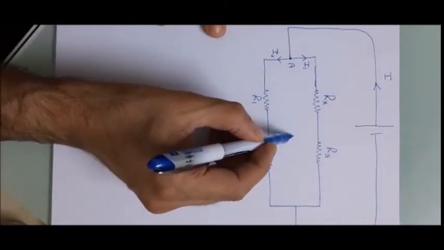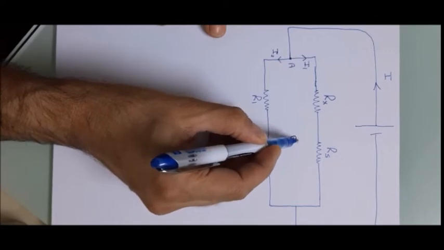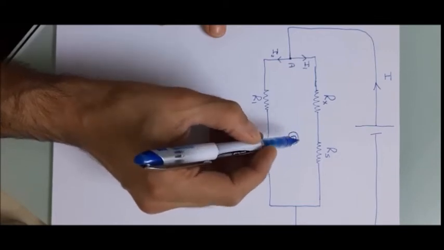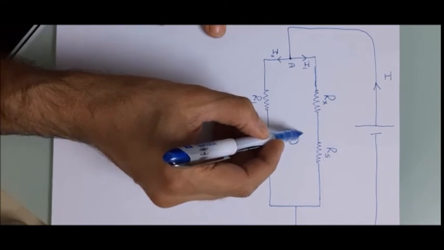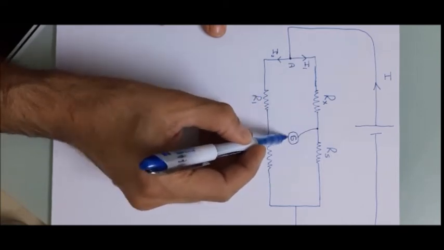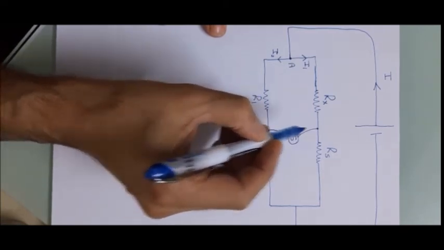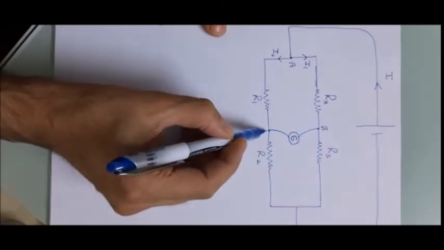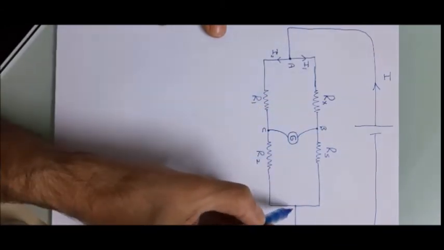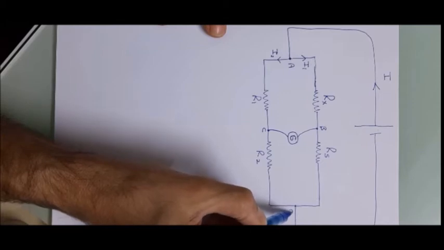Okay, now we connect a voltmeter or a galvanometer. The galvanometer is the main part of the voltmeter. So you can say simply this is a voltmeter between these 2 points. I will call them point B and point C, and this point I will call point D.